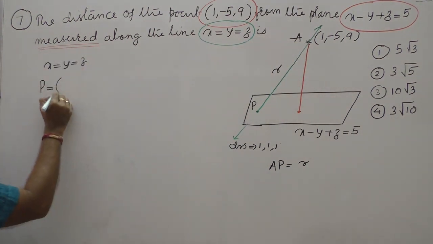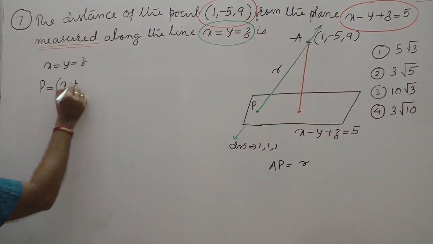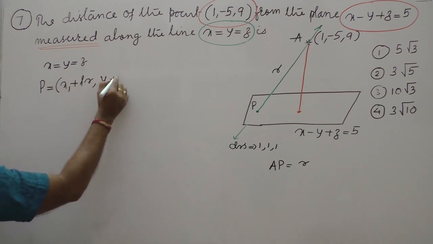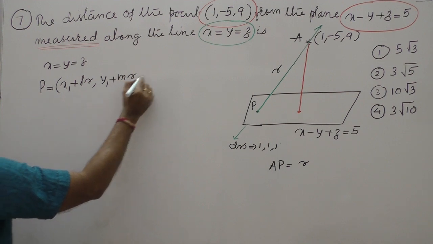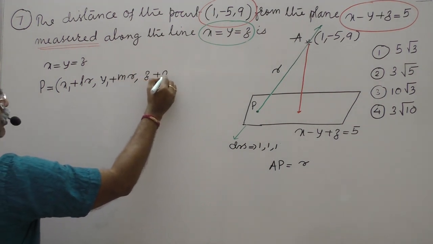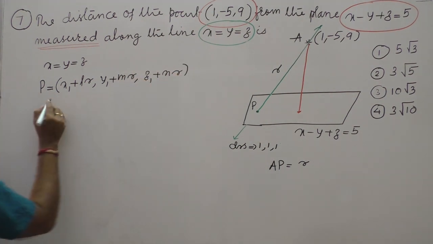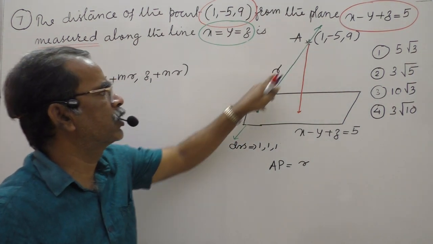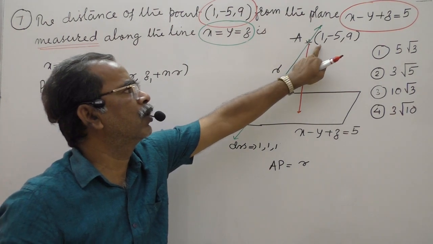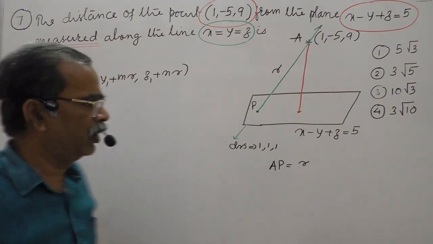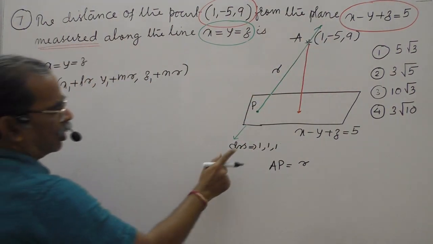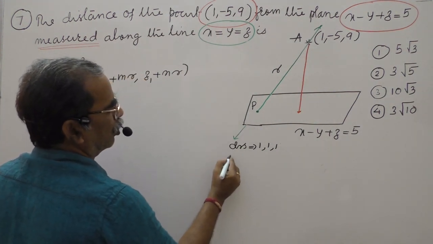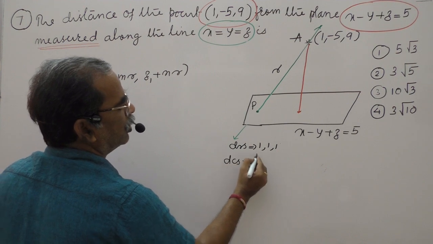This point can be found using parametric equations: x1 plus LR, y1 plus MR, z1 plus NR. So we are finding the point P, which is at a distance of R from this. Here x1, y1, z1 is the point, and L, M, N are the DCs of the line. For the line, DRs are known now, so you can write DCs.